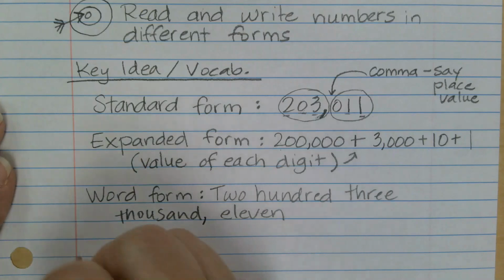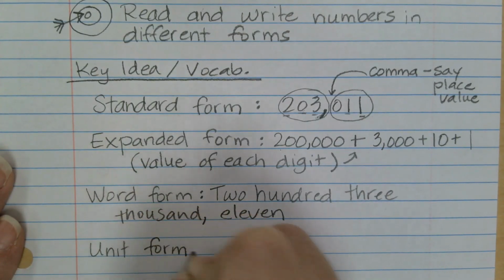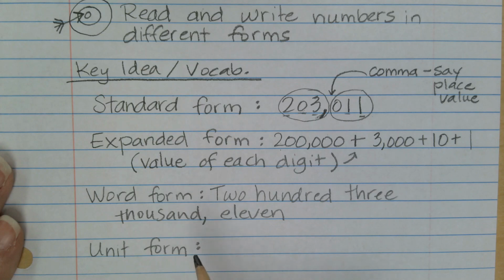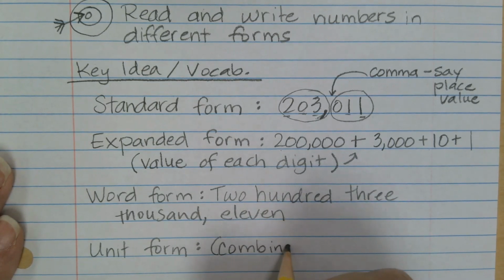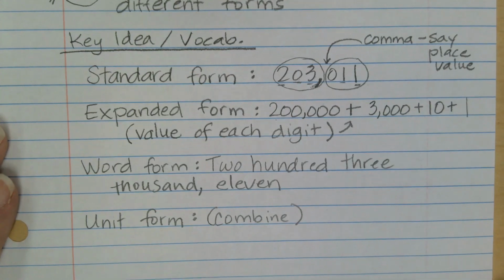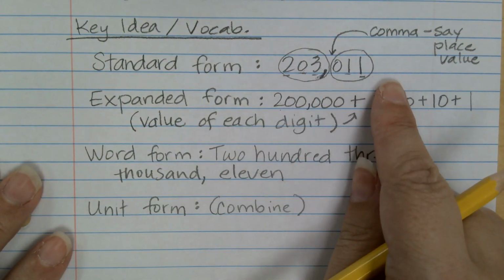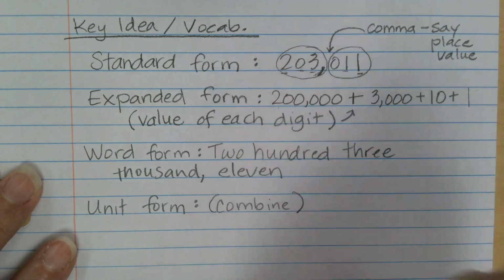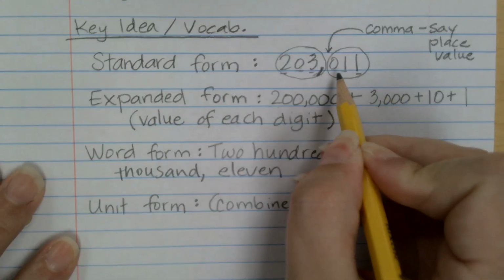The last kind of form that we're going to use sometimes is called unit form. And unit form is kind of a combination of other forms put together. So it's what happens when we combine other forms. So for example, if I were going to write this number in unit form, there's different ways I could do it. But one way is I could write each of the periods as a unit, right?